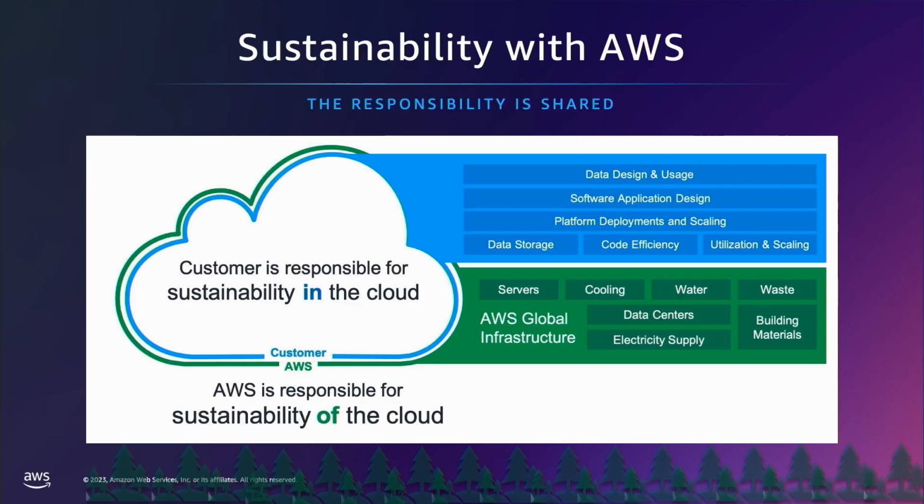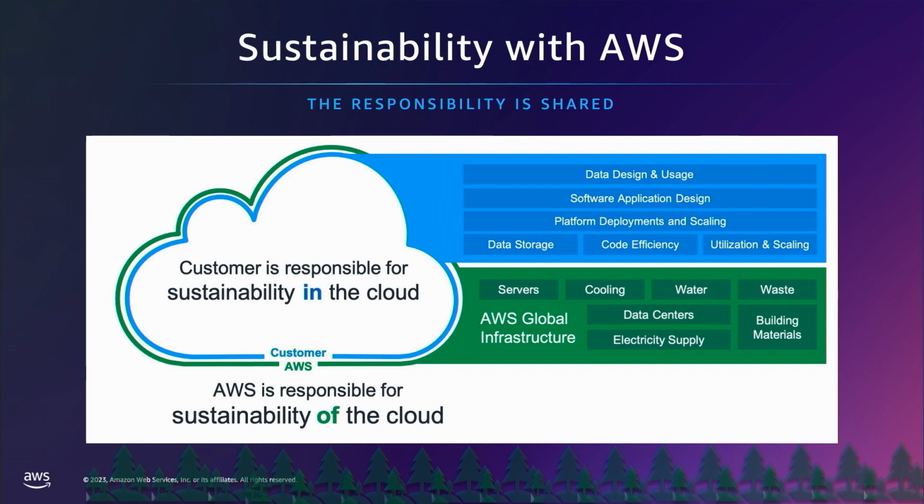So, in particular, at Amazon Web Services, we are on the path to using 100% renewable energy within our data centers. And also, we really do care about how we consume and deploy this infrastructure that you will be consuming with web services.